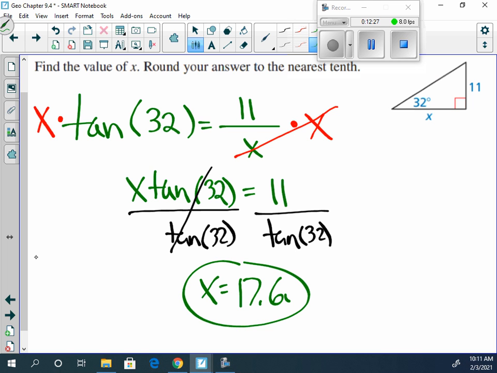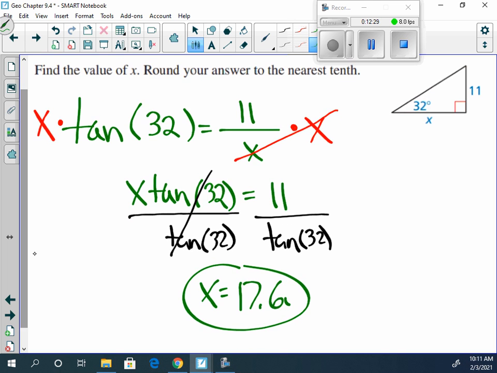Now, when we look at this here also, there's another way that we can look at our answer and kind of make sure that we have the right one. And that is, what do we know about sides and angles? The biggest side is opposite the biggest angle, yes? Smallest side is opposite the smallest angle. When I look at this here, we do have an angle of 32 degrees, one of 90, yes? Well, the side opposite 32 degrees is 11, yes? What do I know about the other angle, the one they didn't give me?